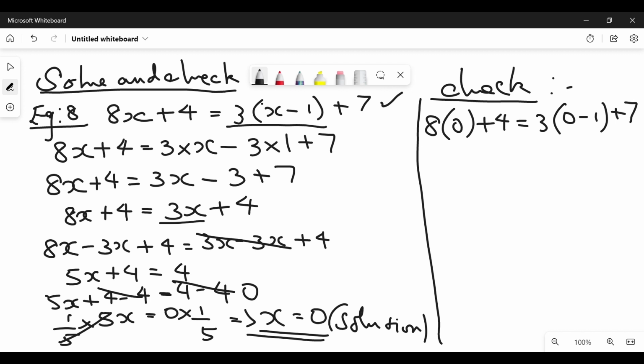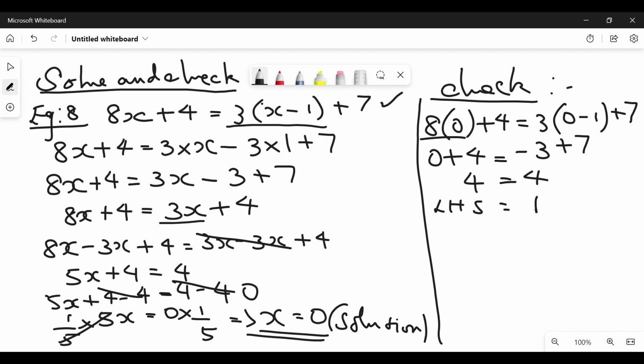Wherever I have x, I substituted the value 0 which I got. 8 times 0 is 0, so the left side is 4. And 0 minus 1 is negative 1, so 3 times negative 1 is minus 3, plus 7 is 4.